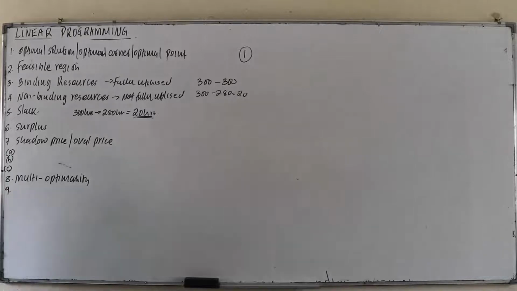And that's what we call multi-optimality. Remember, it's all about the optimal solution or optimal corner. In this case, we're saying that we have more than one optimal corner. That's what we call multi-optimality.